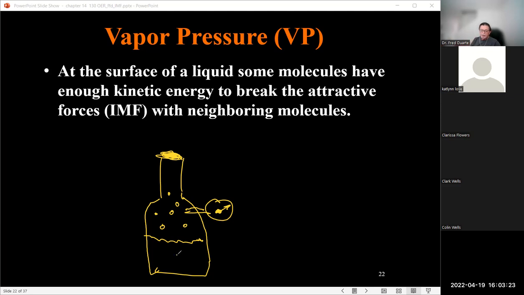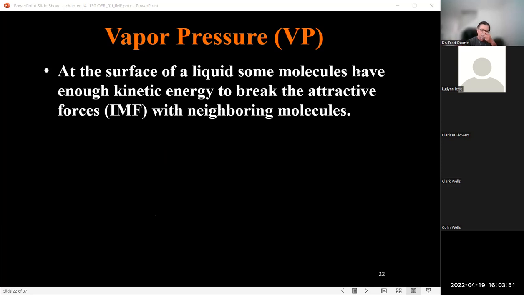Now, the thing to remember about these IMF interactions is this. If these IMF interactions are very strong and they're holding the molecules with each other strongly, you're not gonna have a lot of gas molecules going to the air. Why is that? Because the molecules in the liquid are being held to each other very tightly, okay? And we'll have more to say about that here in a second.